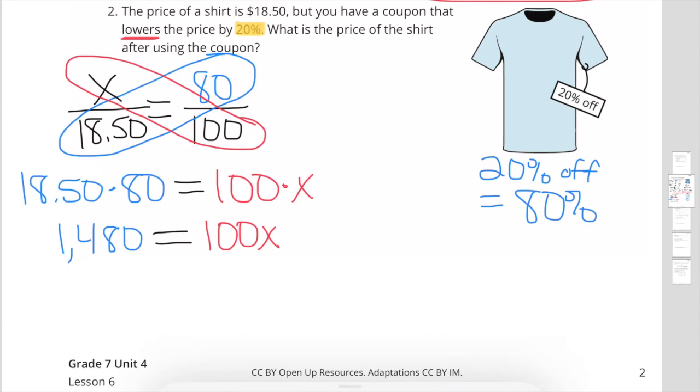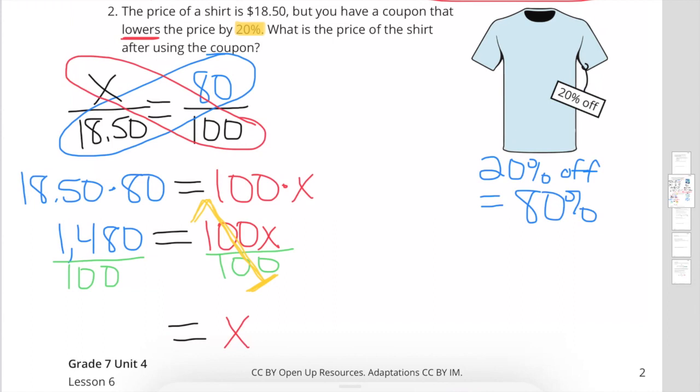This is the same thing as saying 100 times something gives me 1,480. In order to figure out what that something is, I would just divide by 100. 100 divided by 100 gives me 1x. But I have to do it to the other side as well.